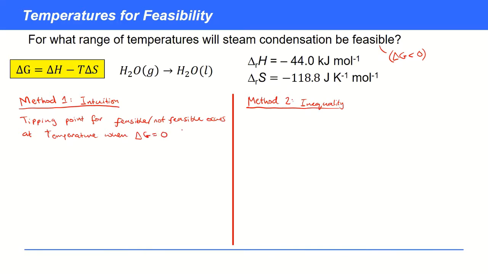So it's an inequality here, and I'm going to call it TC for critical temperature, where that tipping point is going to occur.